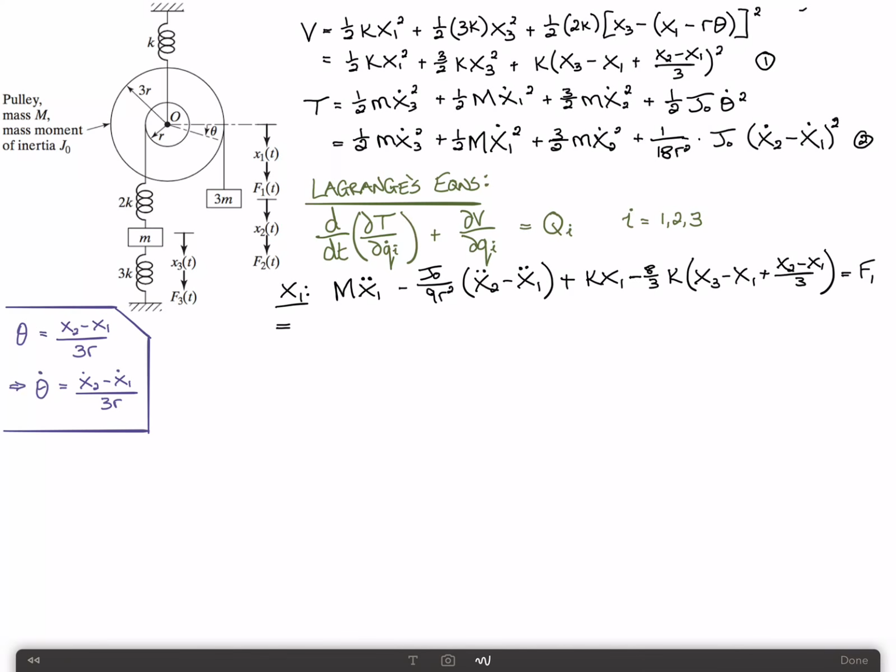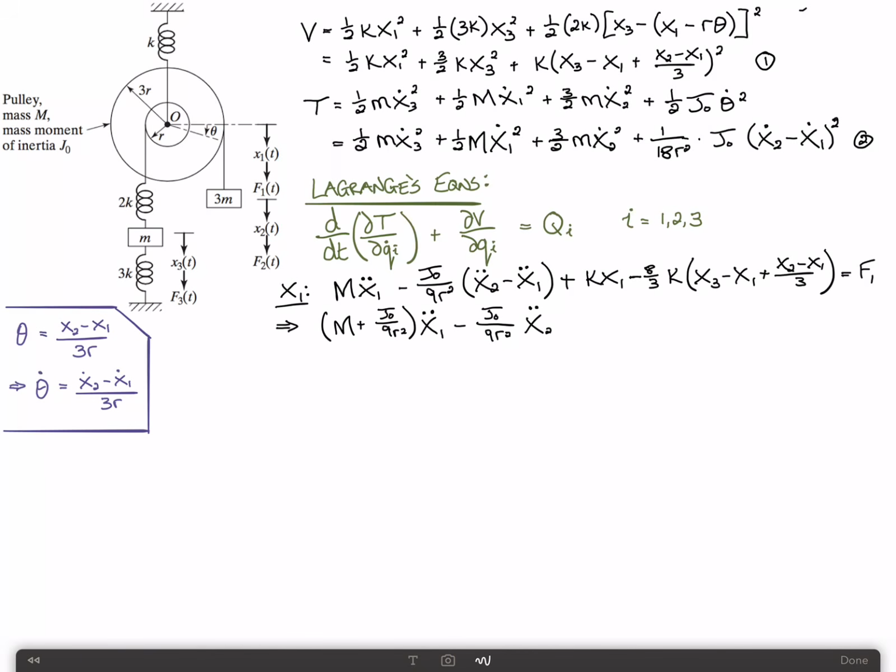Simplifying this, I can write it as M plus J0 over 9r squared, so let me group that, M plus J0 over 9r squared times x1 double dot, minus J0 over 9r squared times x2 double dot.